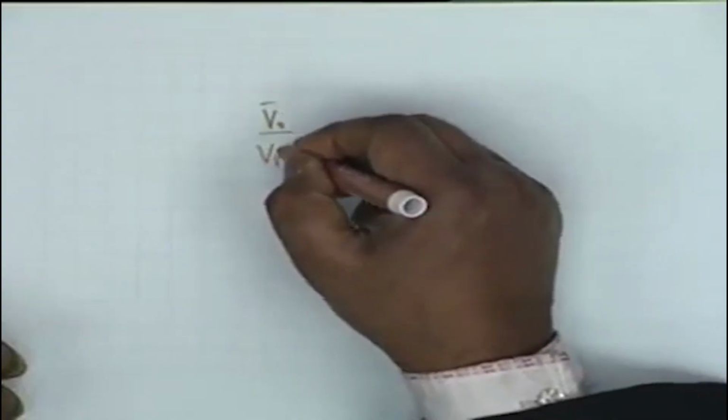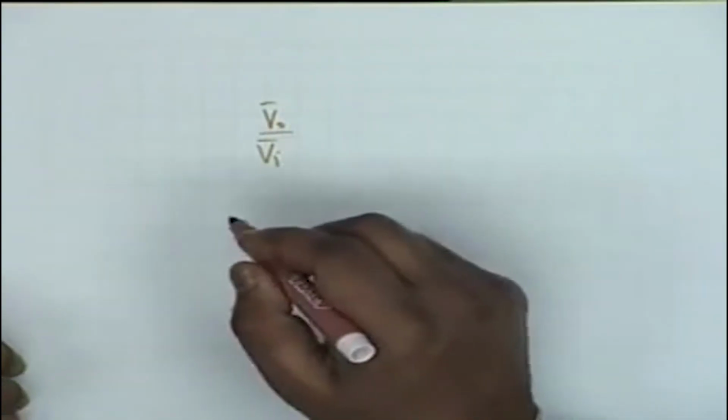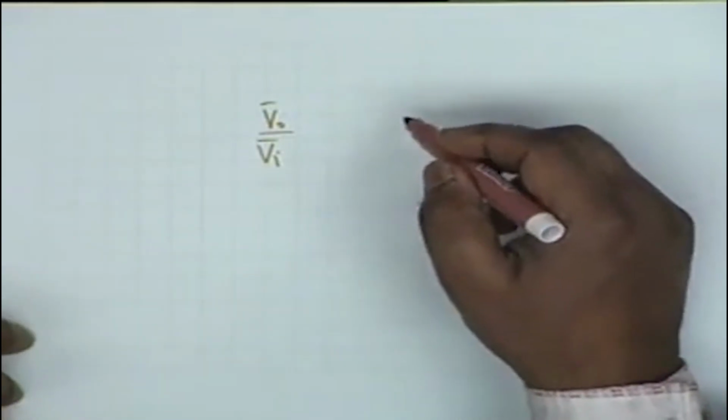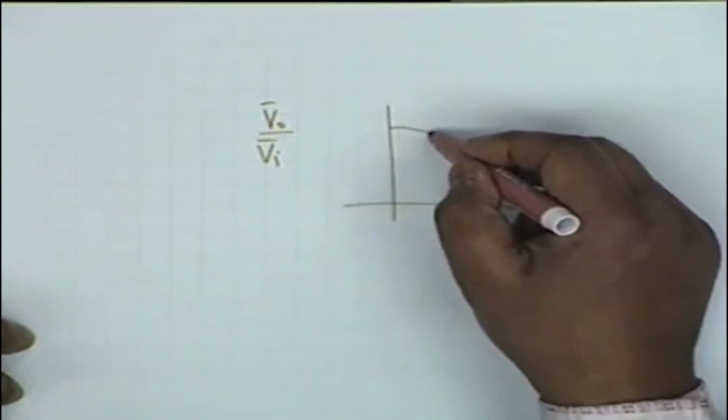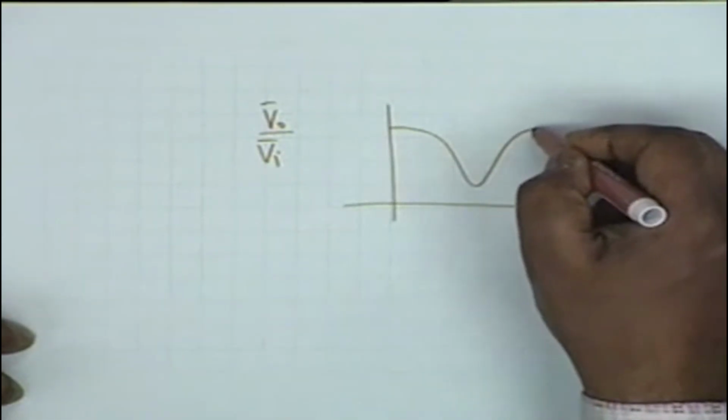The answer to V0 by Vi, that is this ratio, is given in the textbook, and it can be shown that this indeed acts as a band stop filter like this.